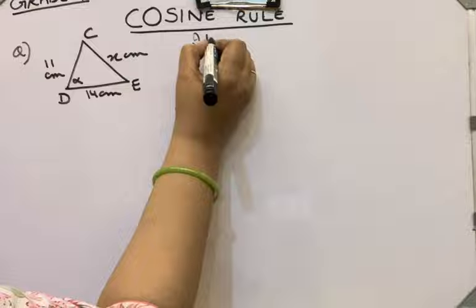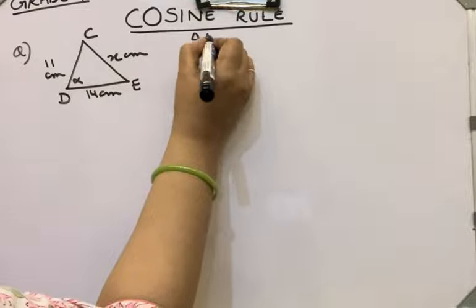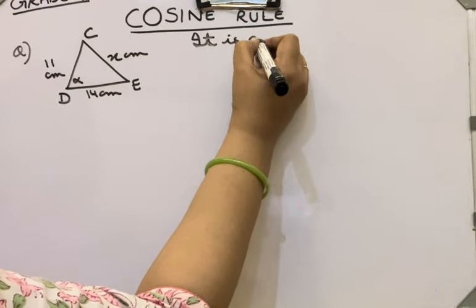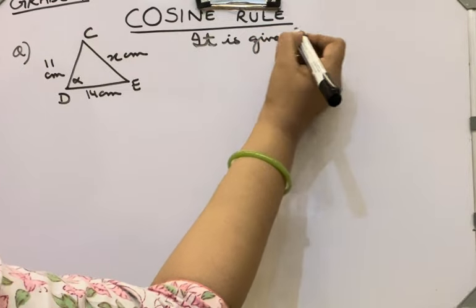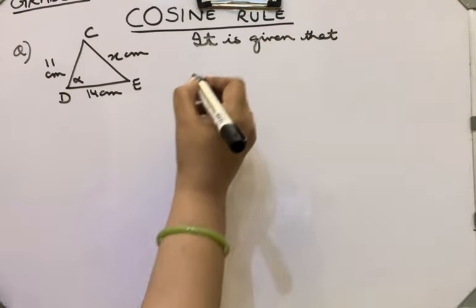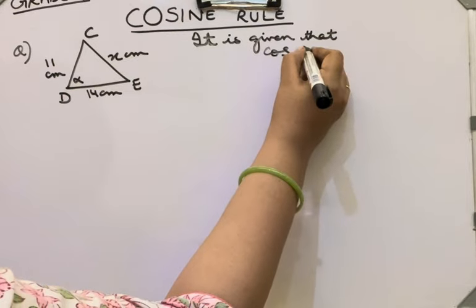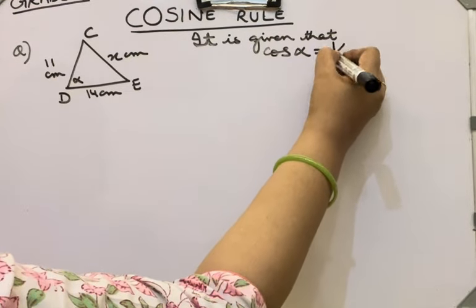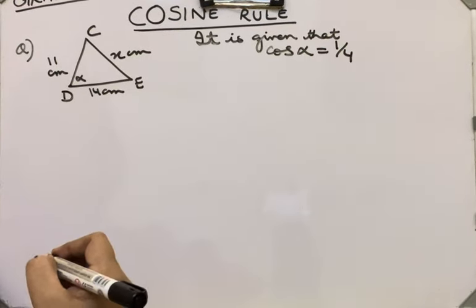It is given that cos alpha is equal to 1 by 4.